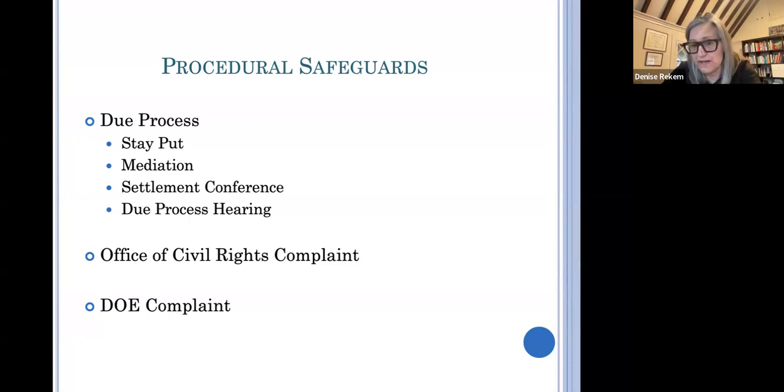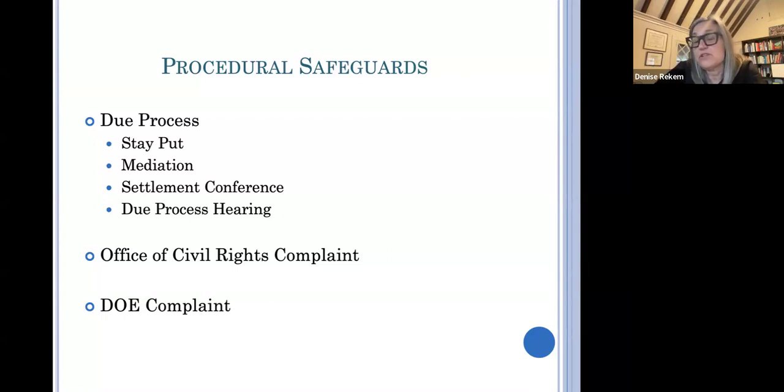If you disagree with what they're asking to do, you can file for due process. And that's the way you sue your school district basically in education law. And when you file for due process, you can ask for mediation first, or else they'll do a resolution meeting.